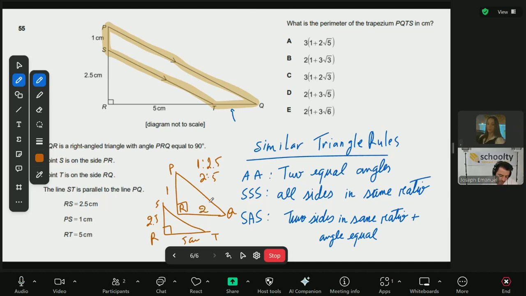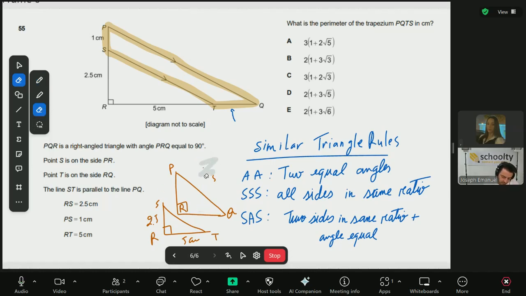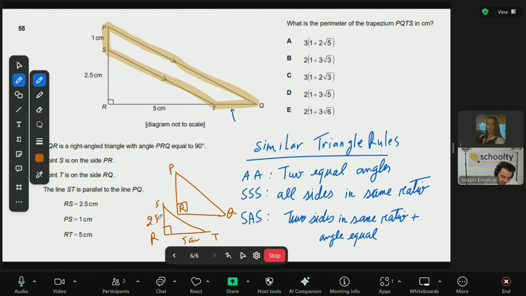No, this is the small one, sorry. No, this is not 1. This is 3. Sorry. Let's fix it. No, one minute. This is 2.5 plus 1. This is 3.5.